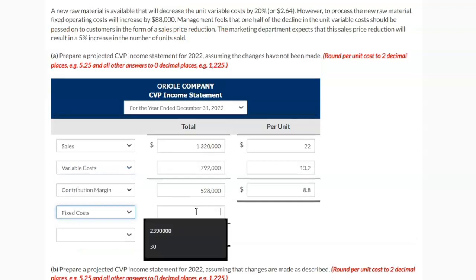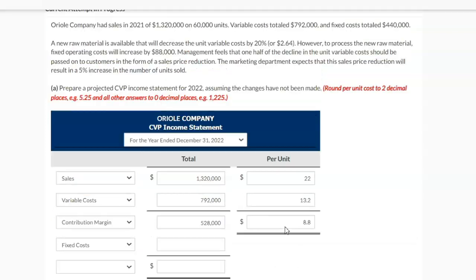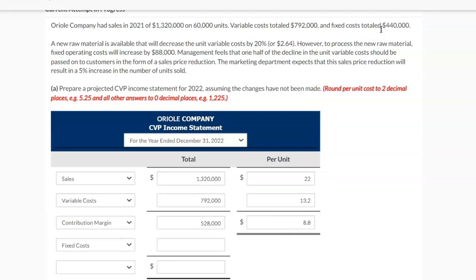Fixed cost is 440,000. So net income is 528 minus 440.